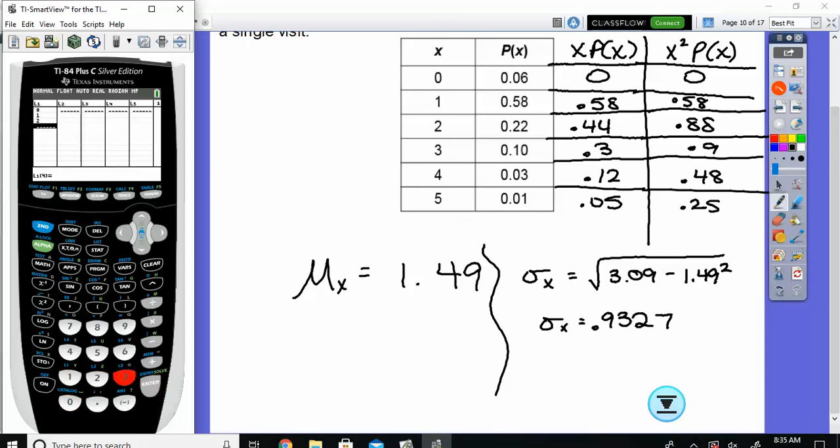So the original probabilities given. Everybody have that?